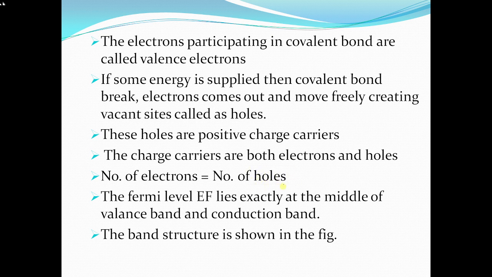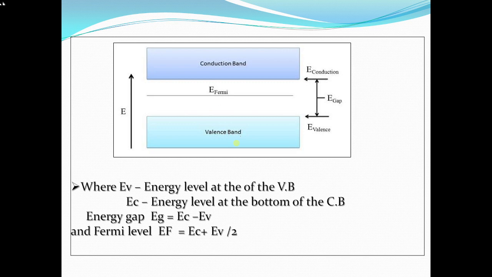So this is about bond structure. Which bond does it have? Covalent bond. Next, if I go for band structure, see here, this is the valency band and this is the conduction band.